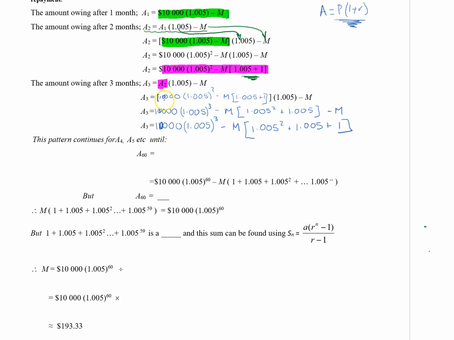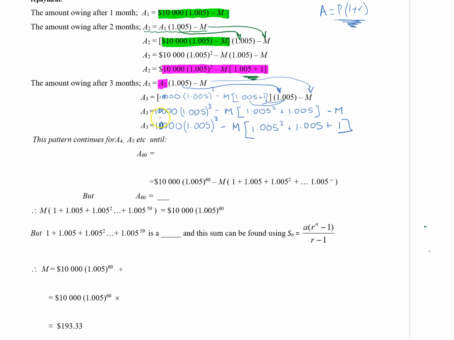So putting in my 10,000 times 1.005 squared minus m times 1.005 plus 1 in this spot, then leaves me with this 1.005 and subtract an m. Now, I go through the same process as I did before, where I'm going to expand this 1.005 into here.